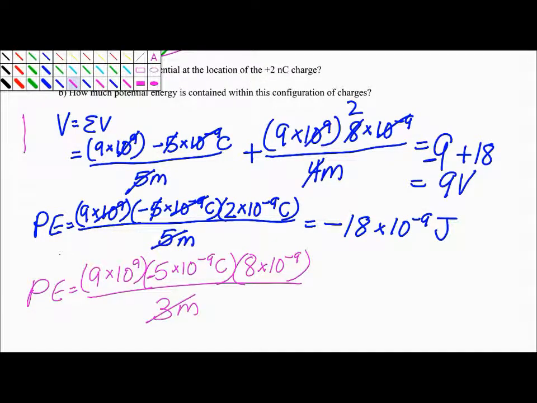This cancels with this, gives me 3. This with this, so I get 3 times 5 is 15 times 8. What's that? 80 plus 45. 125 times 10 to the minus 9 joules.